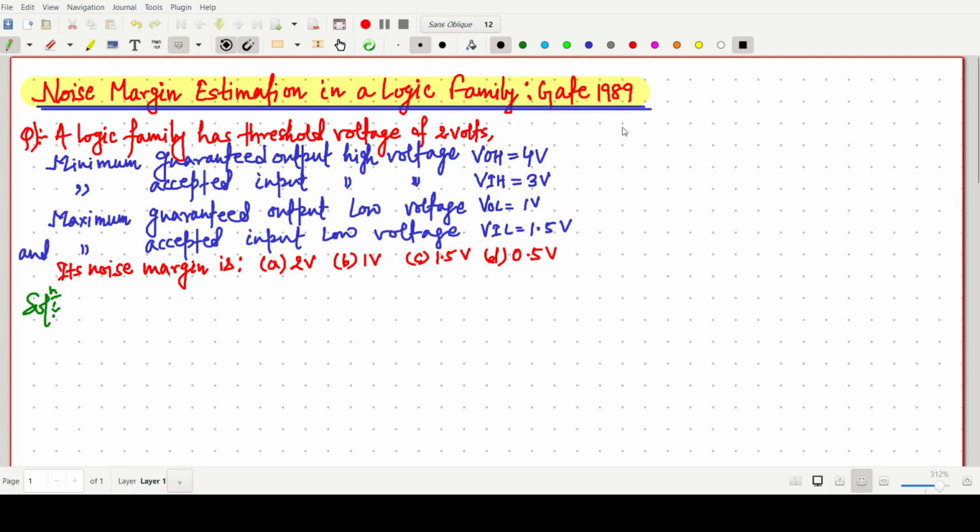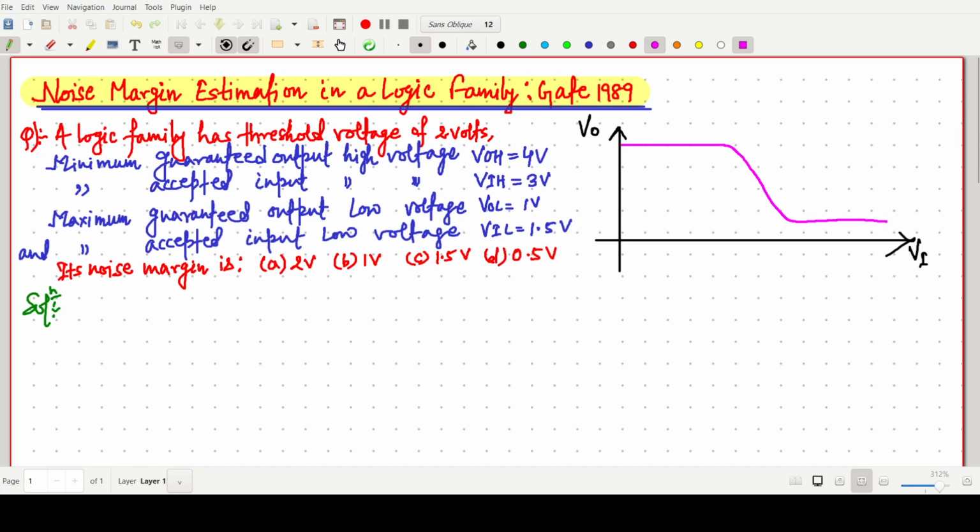So better to draw the graph for the output and input voltage. And if we draw the characteristics, it is somehow like that. Just draw the inverter characteristics in such cases to solve such questions.